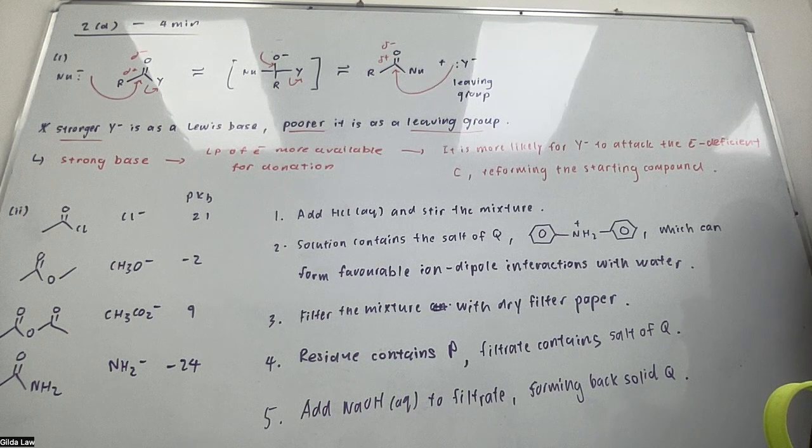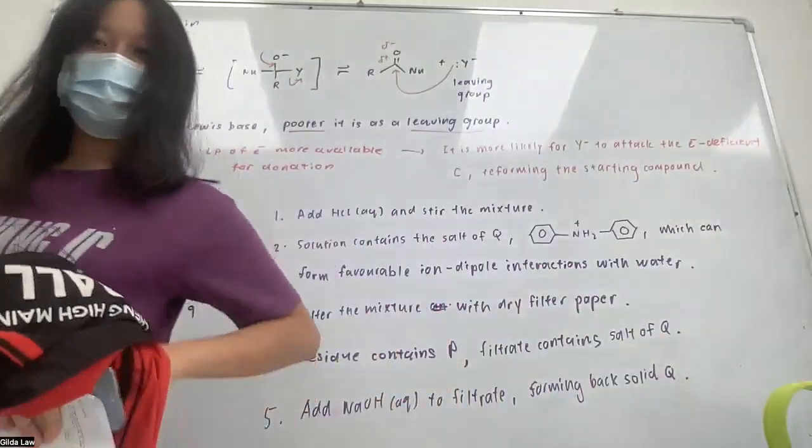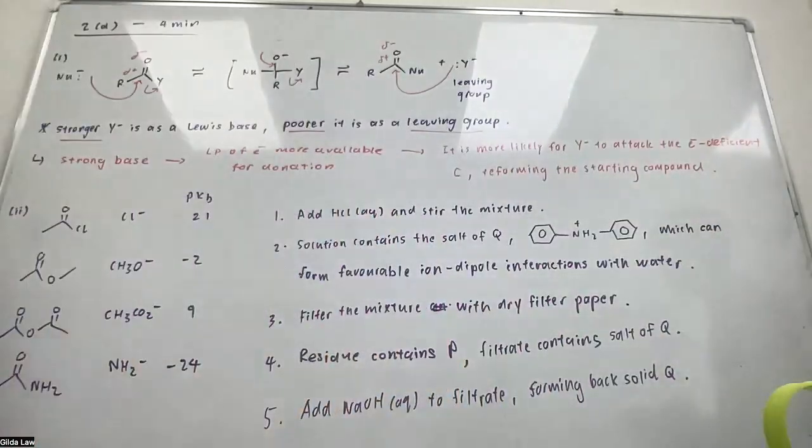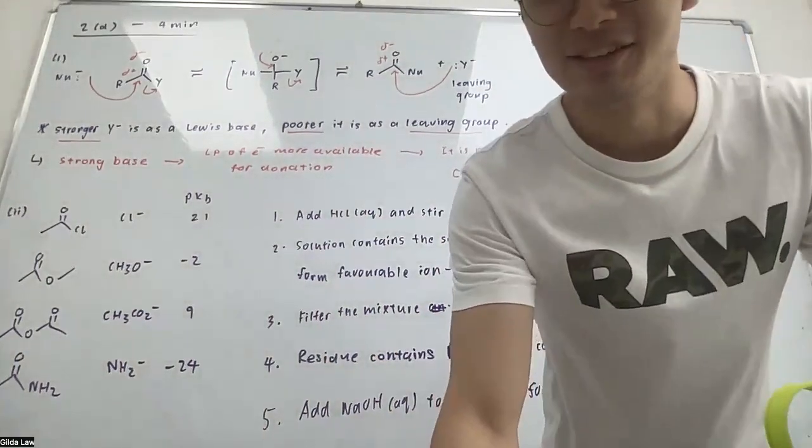But later, it's like a low energy level. More energy is released to form the bond. That's why it's an exothermic reaction. So at the end of the day, it's still going down.